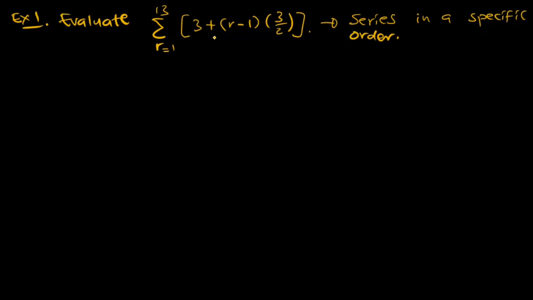Now, what are the components that make a sigma notation? The first component is what you see here, r equals 1. This is the first component that makes up a sigma notation.